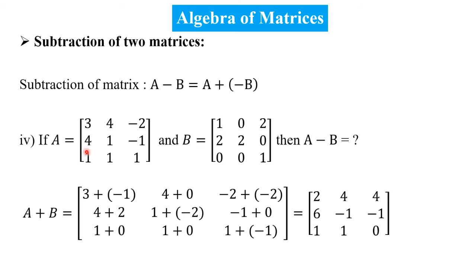So addition, let us see, 3 plus minus 1, 4 plus 0, minus 2 plus minus 2, adding corresponding elements. B converts into minus B. Let us see the second row. 4 plus minus 2, 1 plus minus 2, minus 1 plus 0.